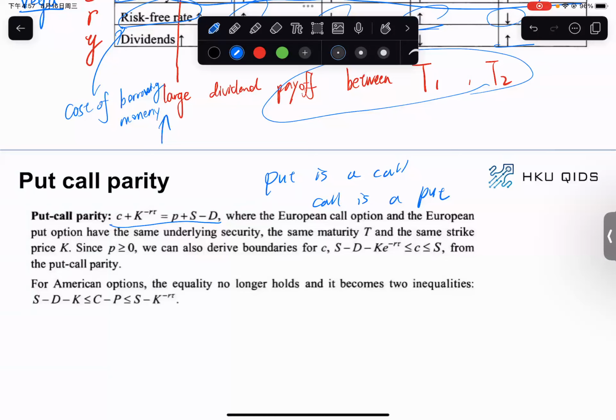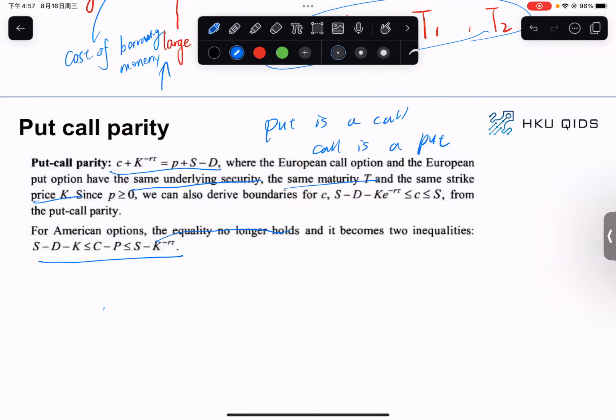As long as they have the same underlying security, the same maturity, and the same strike price, you can convert a put to a call by this equation. For American options, the equation no longer holds, but it becomes an inequality because of the special right that you can execute it beforehand.